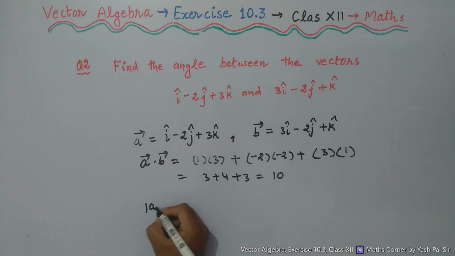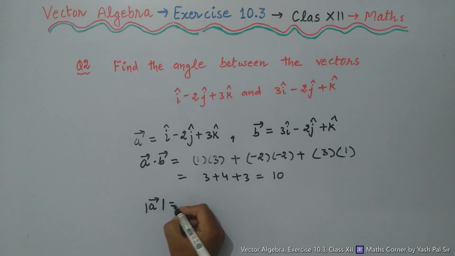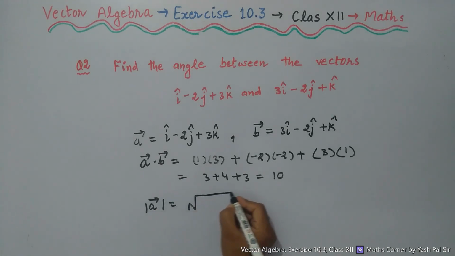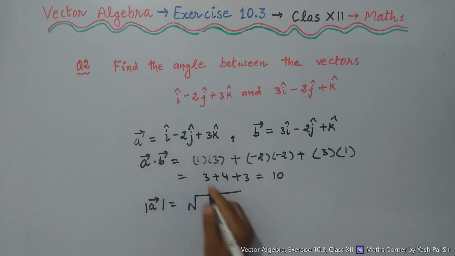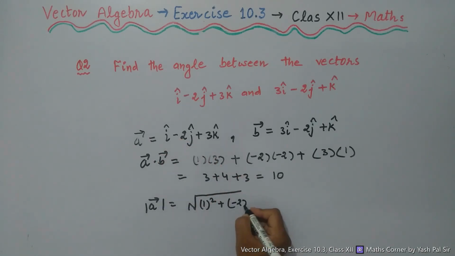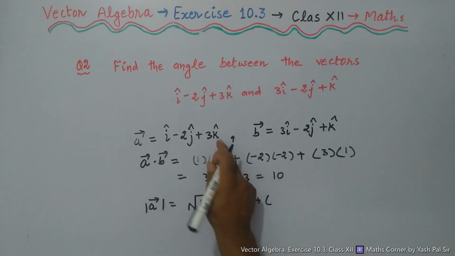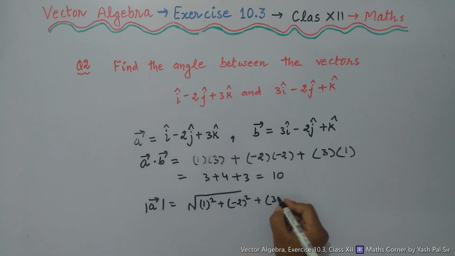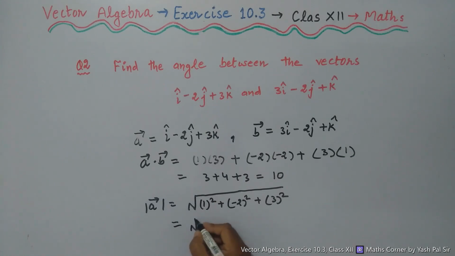Moreover, the magnitude of vector A is equal to the square root of coefficient of i, 1, its whole square, plus coefficient of j, minus 2, its whole square, plus coefficient of k, 3, its whole square, which becomes square root of 1 plus 4 plus 9.